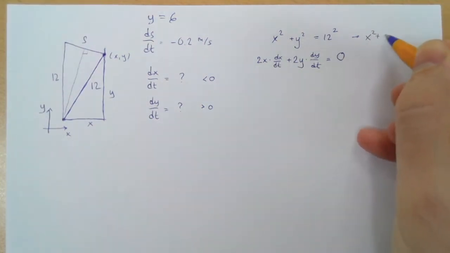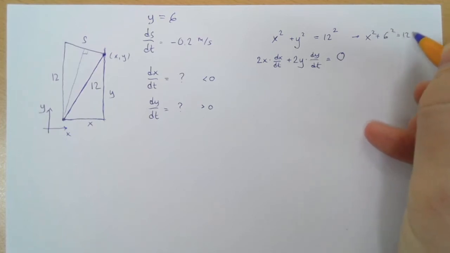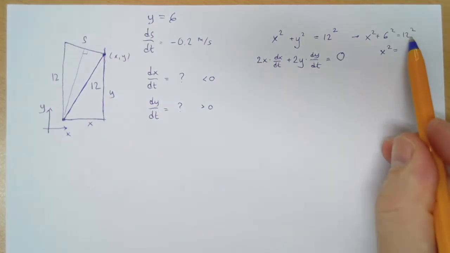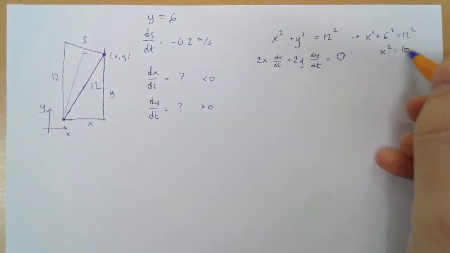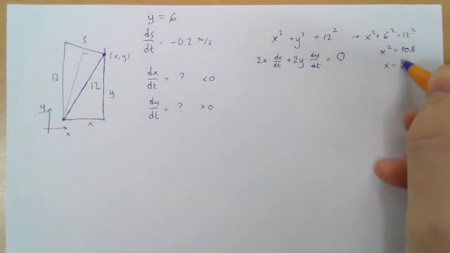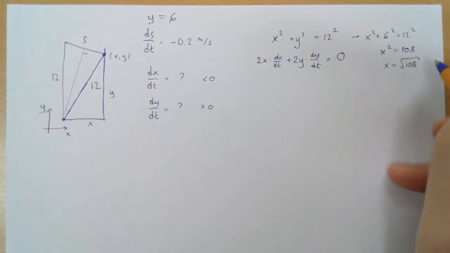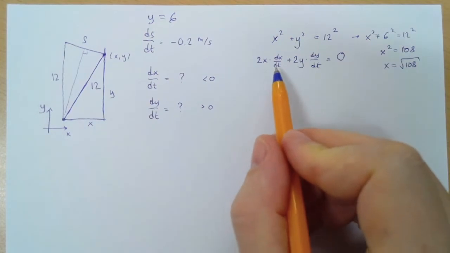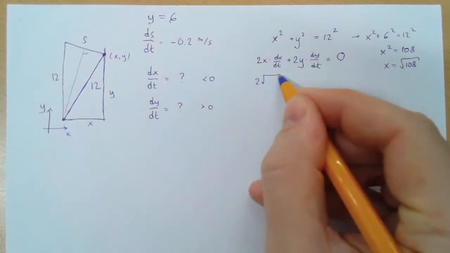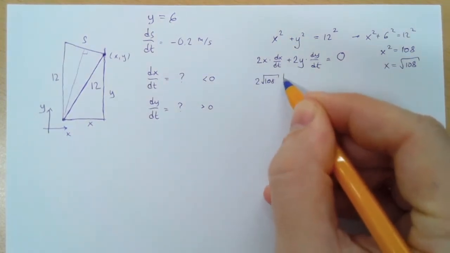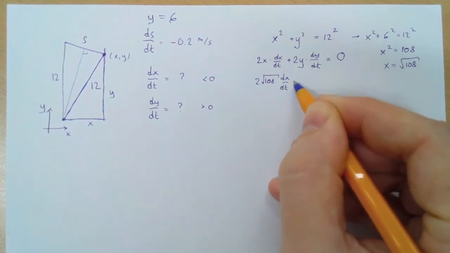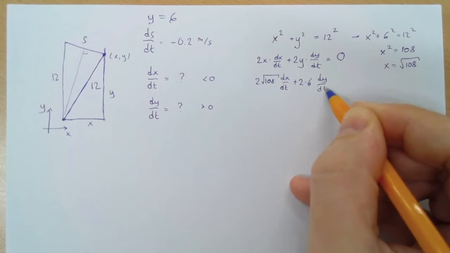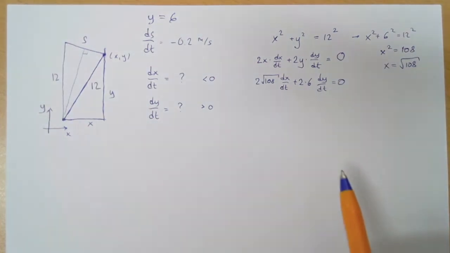So x squared plus 6 squared equals 12 squared. x squared, 144 minus 36 is 108, so x is root 108. Very good information. Let me just plug it in. 2 root 108 dx/dt plus 2 times 6 dy/dt equals 0.